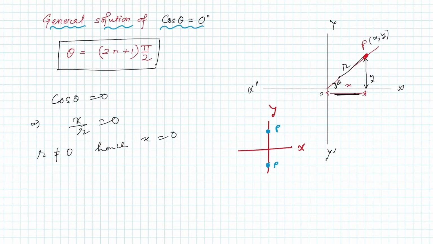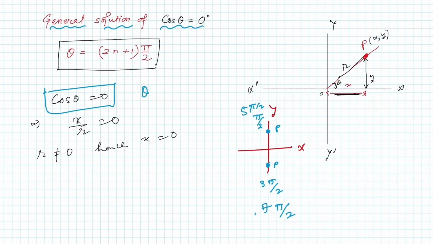So it is possible when theta is pi by 2 or 3 pi by 2 or 5 pi by 2 or 7 pi by 2. So these are all odd multiples of pi by 2. So at those values cos theta will be equal to 0, at theta equal to odd integer into pi by 2.